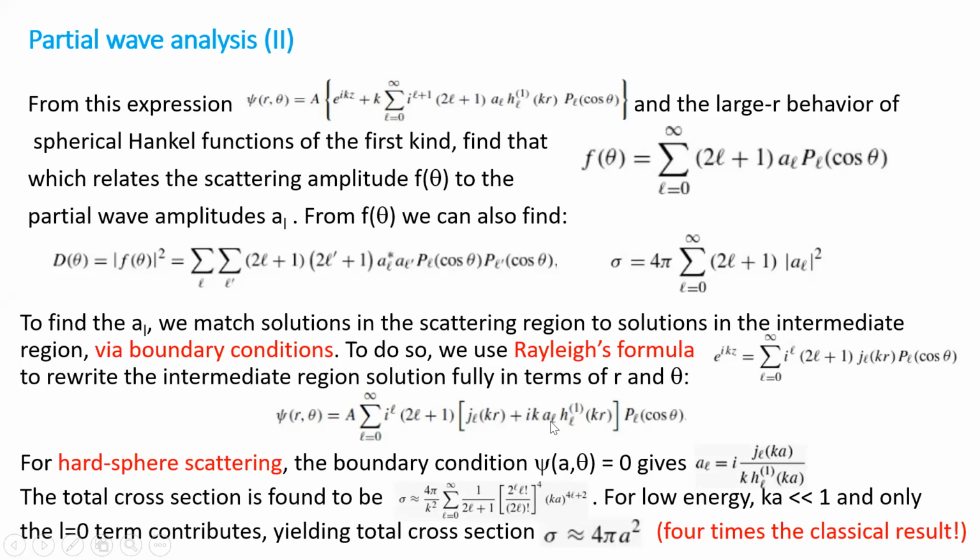For that term in brackets to be 0, we can say that the partial wave amplitude AL is equal to I times JL(KA) over K HL1(KA). So if we plug that in at R equals A, I times I gives a minus sign, the K's cancel, the J over H gives us a J here.